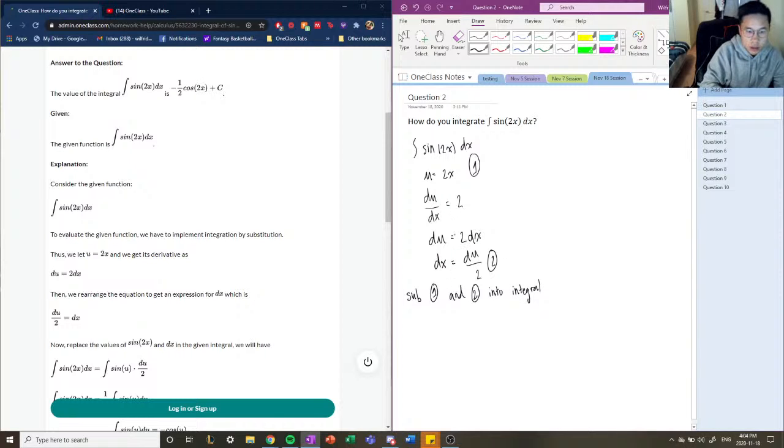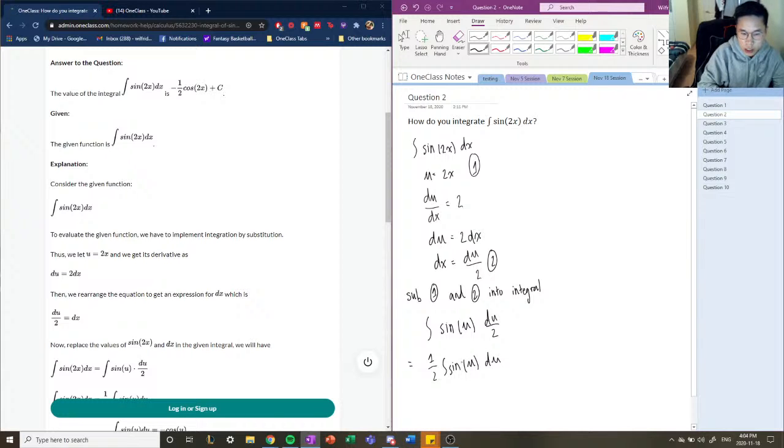If we sub 1 and 2 into the integral, we get the integral of sine of u and du over 2. We can take out this 1 over 2 constant within the integral to get sine of u du. And now we have transformed our integral in terms of x to an integral in terms of u.